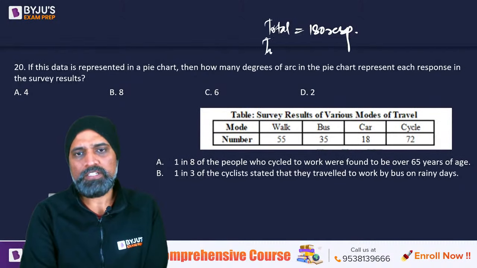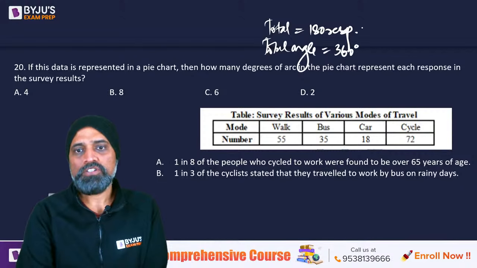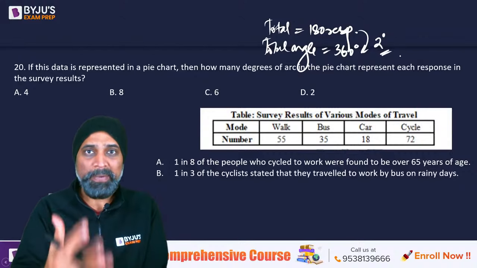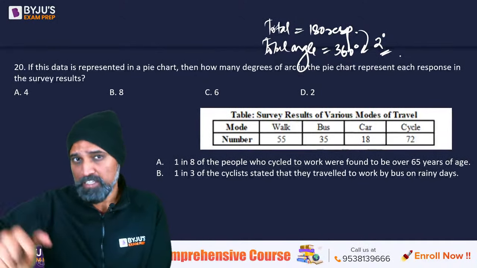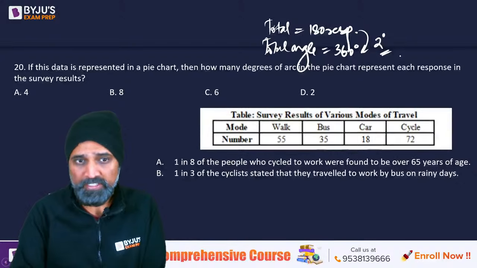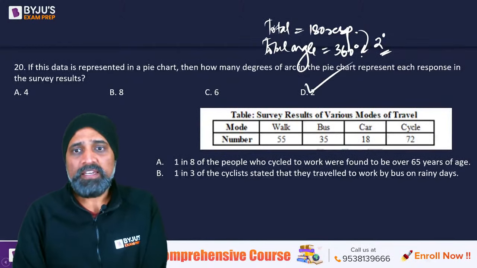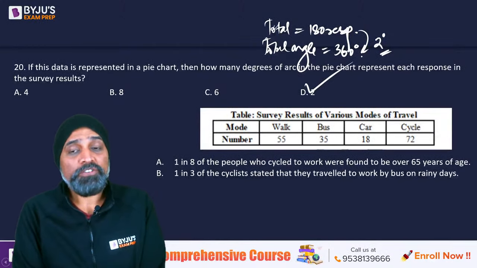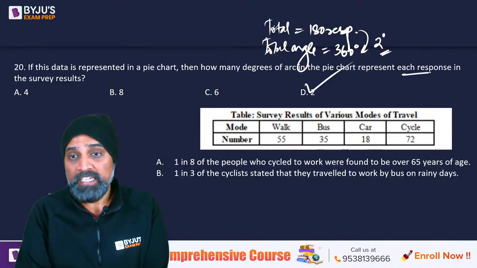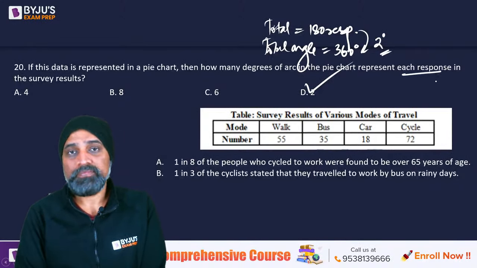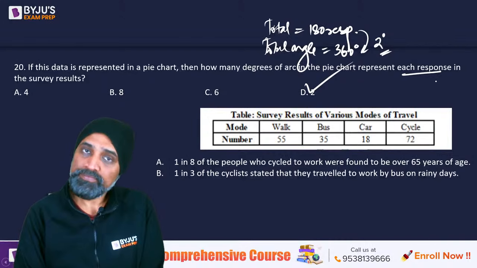And we know that the total angle is 360 degrees. So can we say each respondent will depict 2 degrees, so that 180 respondents will cover the entire 360 degrees? So 2 degrees in arc of the pie chart will be represented by each response in the survey result, right?